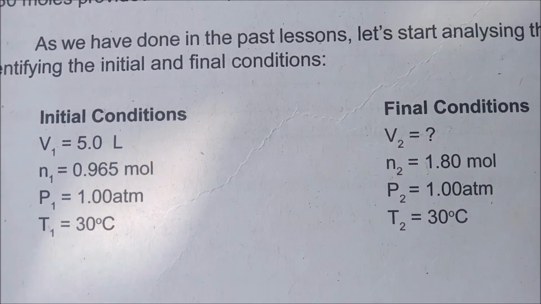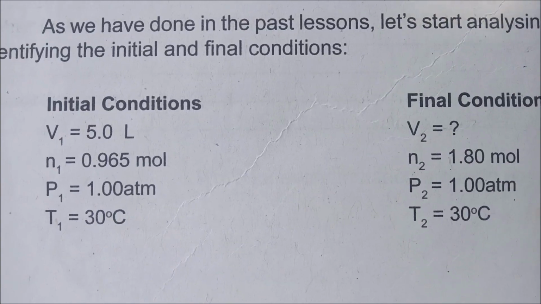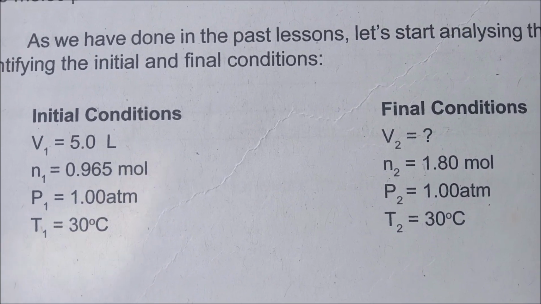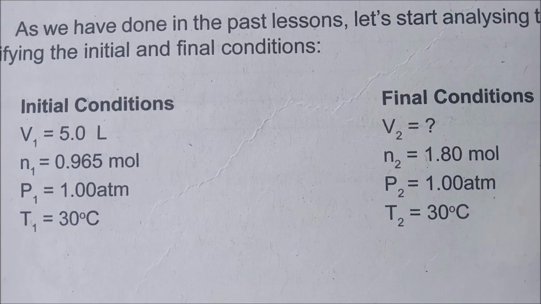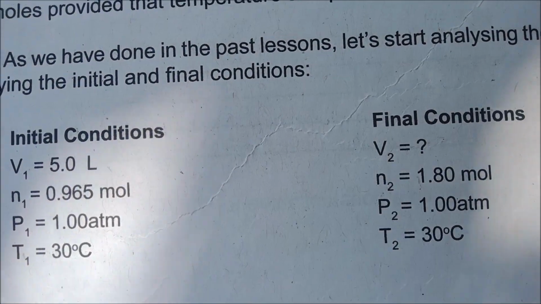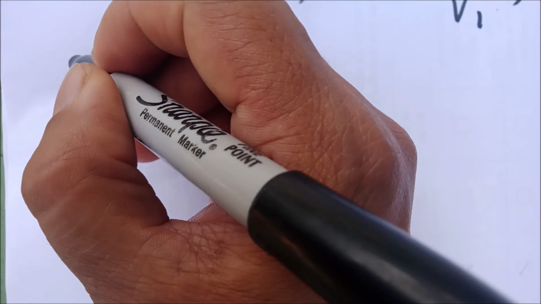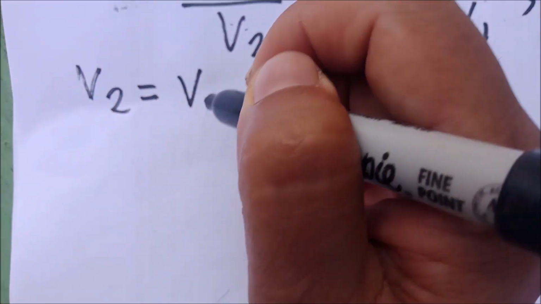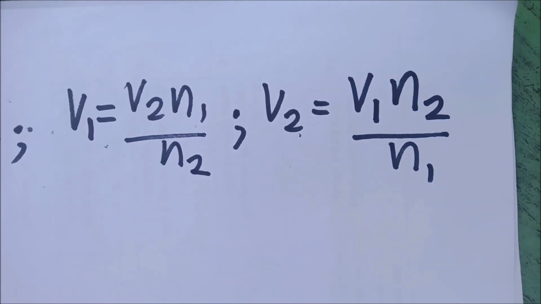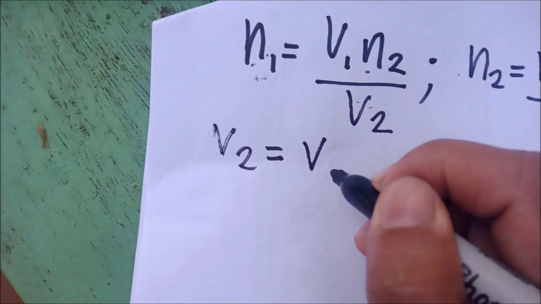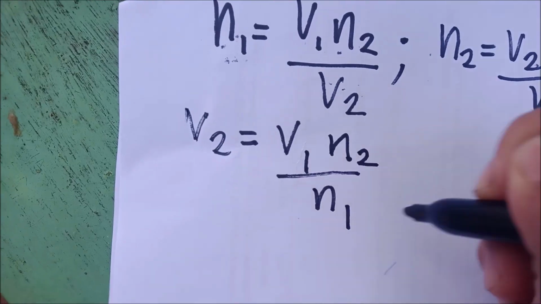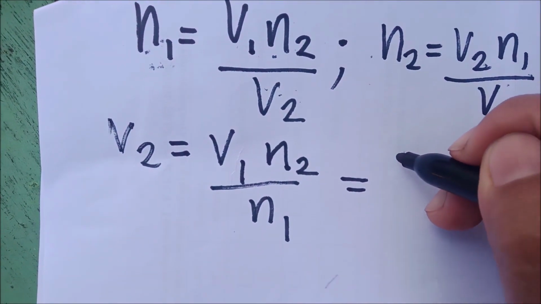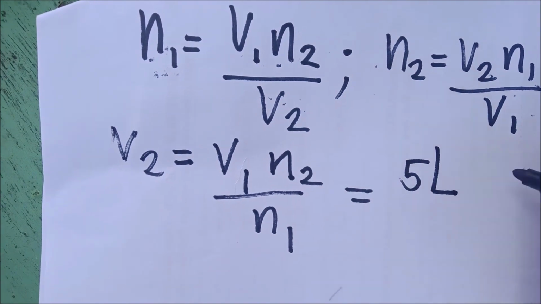And most probably, from volume 1 of 5 liters, we can hypothesize already that volume 2, or final volume, should increase as well. So since we're looking for V2, our formula will be the product of V1 and N2 over N1. So let's write it down and then substitute. The initial value of the volume of the helium gas was 5 liters.